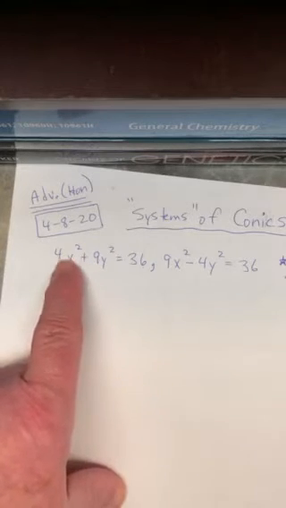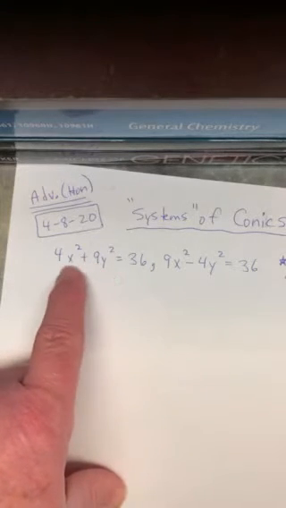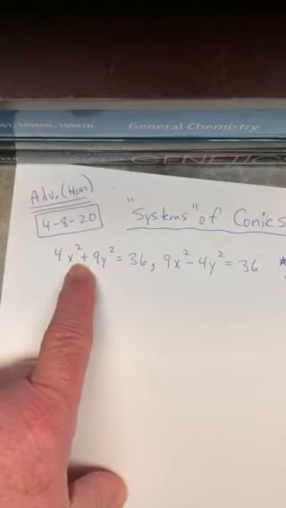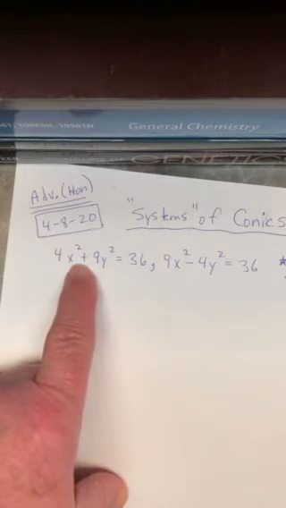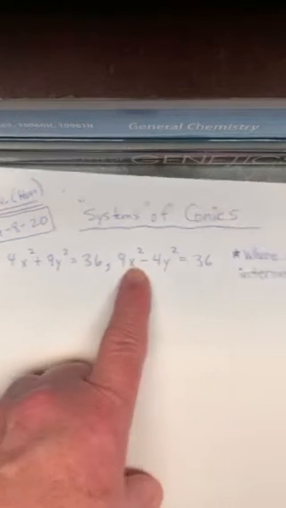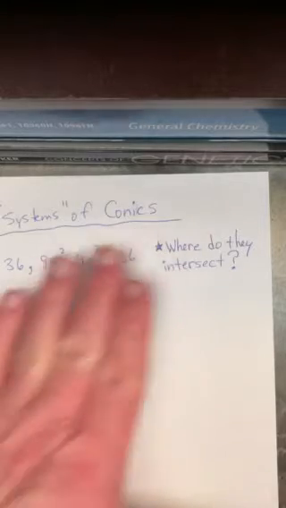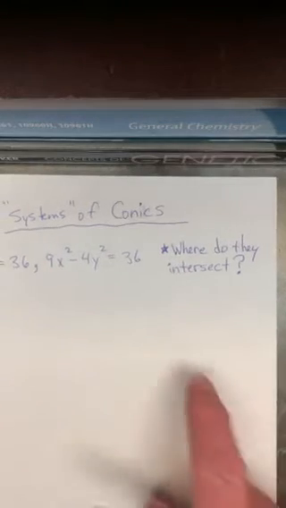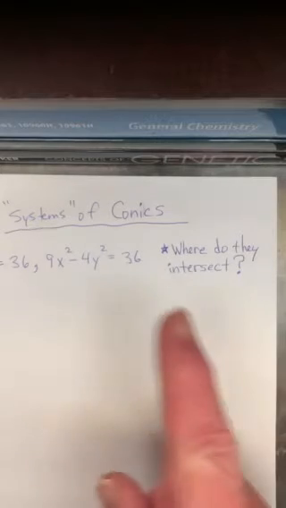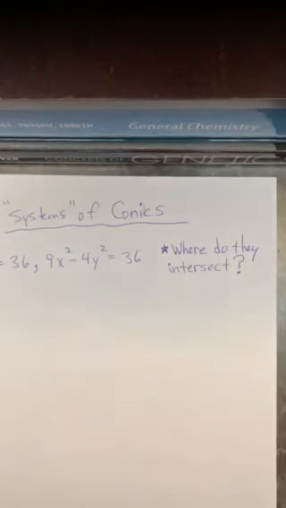Because the 4 and the 9 are different coefficients, that makes this an ellipse. So I've got an ellipse and a hyperbola, and we're asking the question, put a big star next to the problem, where do they intersect? Where in the world would this ellipse and this hyperbola intersect each other?